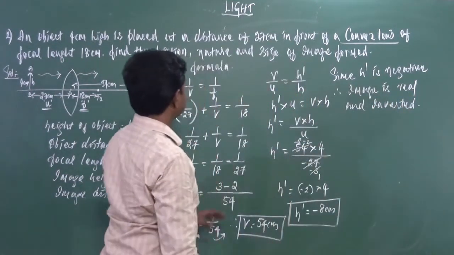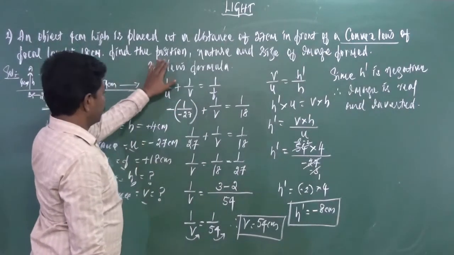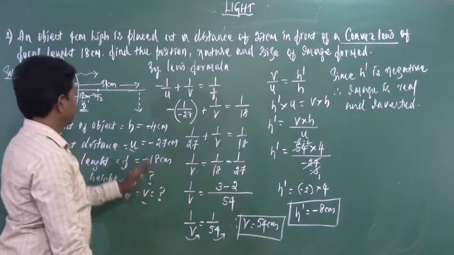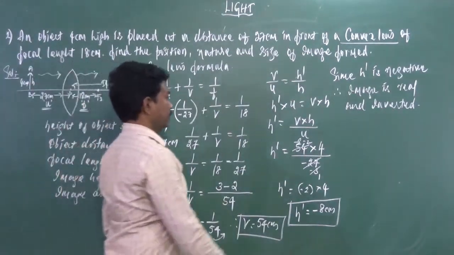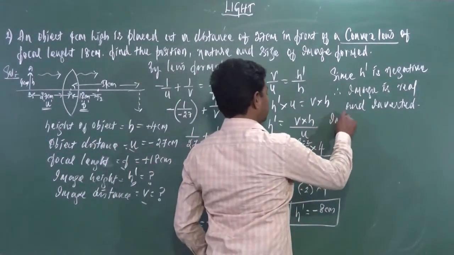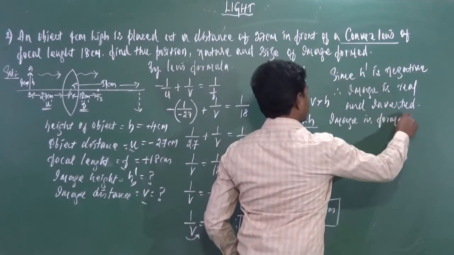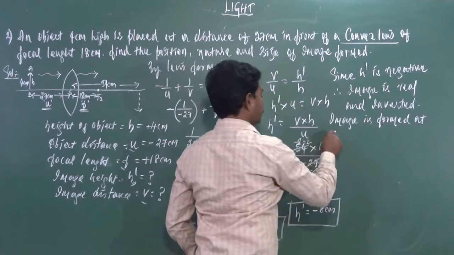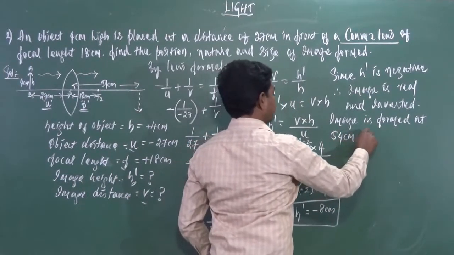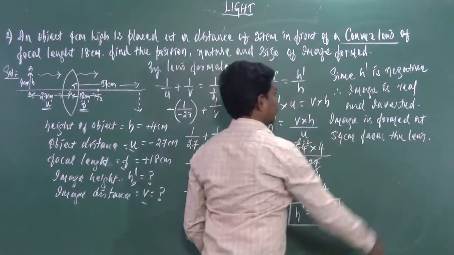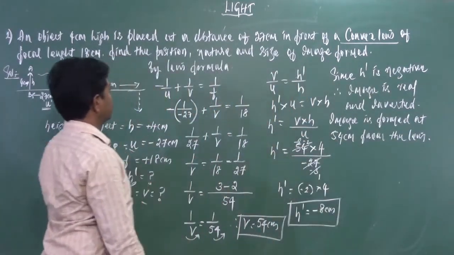So then we have to find the position, that is we have found out this. The image is formed at a distance of 54 centimeters from the lens. Right. So this will be the answer for this.